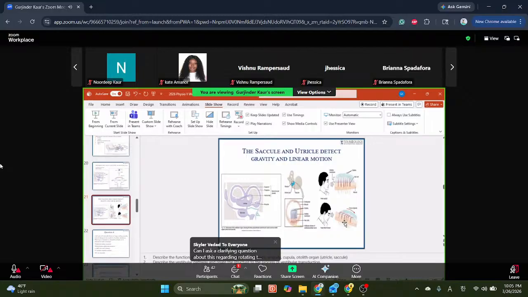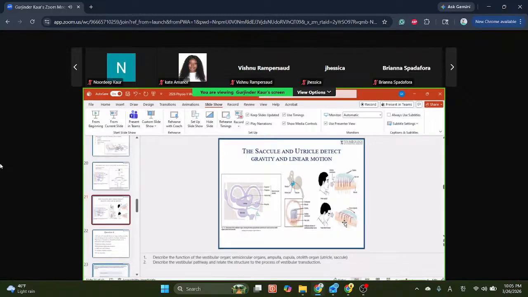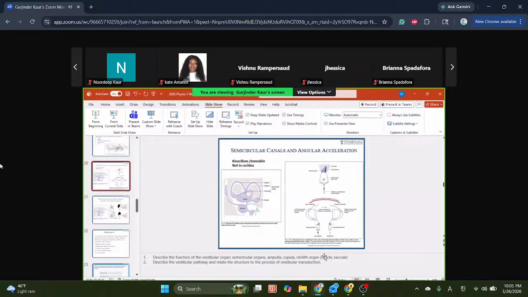I could not find a better picture where they really show the kinocilium here. The other one, for sure, in the cochlea, there is a big cilium that we talked about earlier, where all the stereocilia are moving towards or away. Same thing with the semicircular canals, the ampullae that we discussed, right?